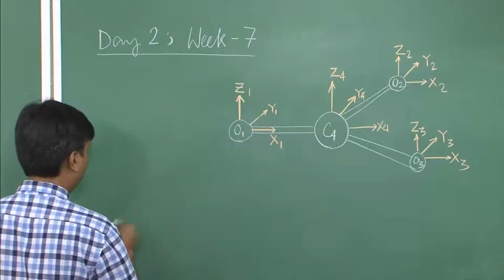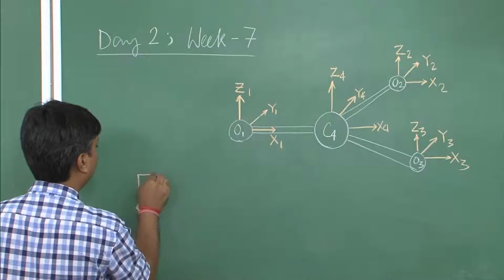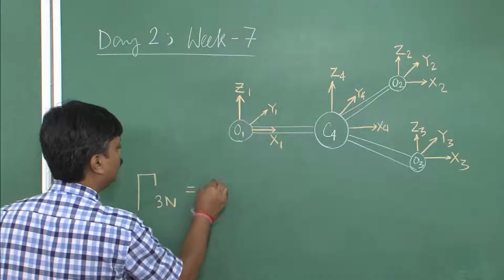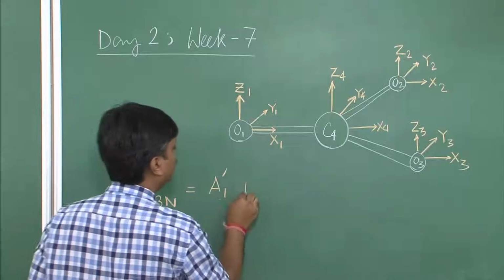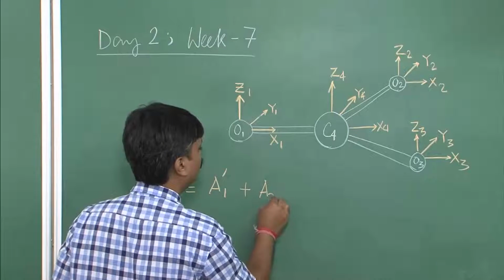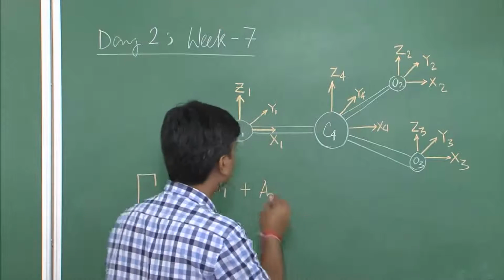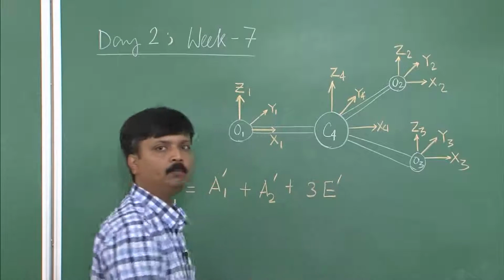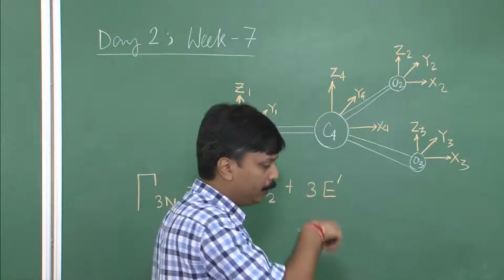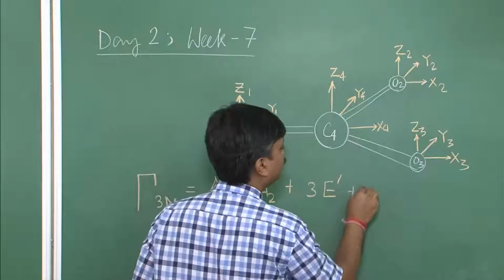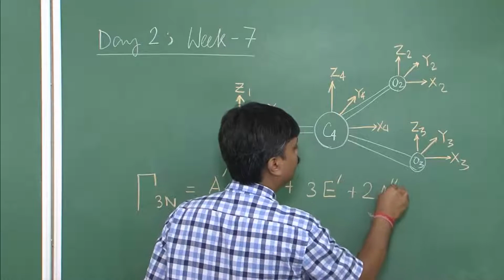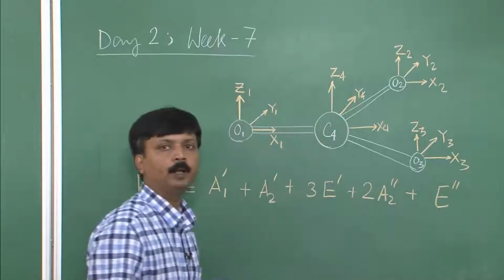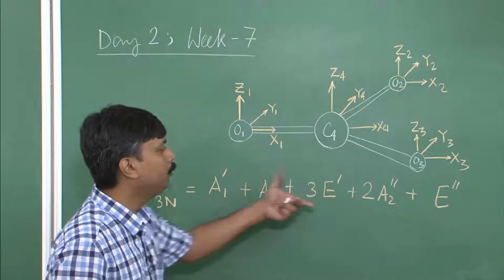Essentially I have gamma 3n equals A1 prime plus A2 prime plus 3E prime, and you have 2A2 double prime, and you have E double prime. So this is what you will get ultimately.